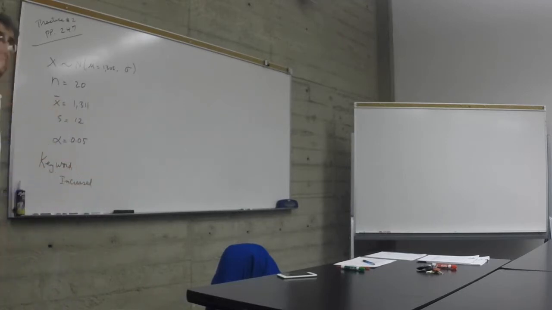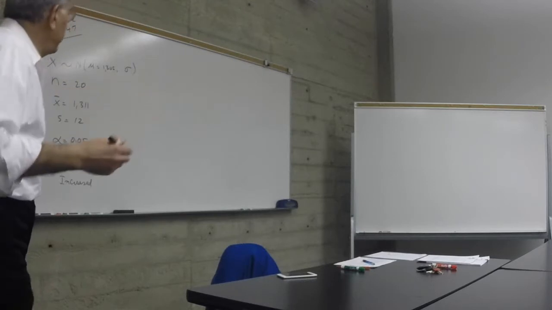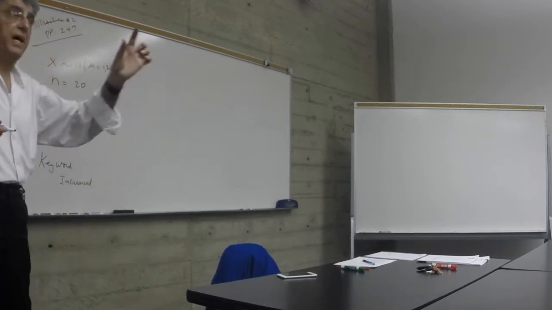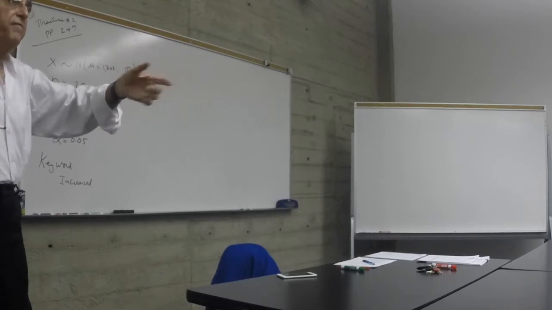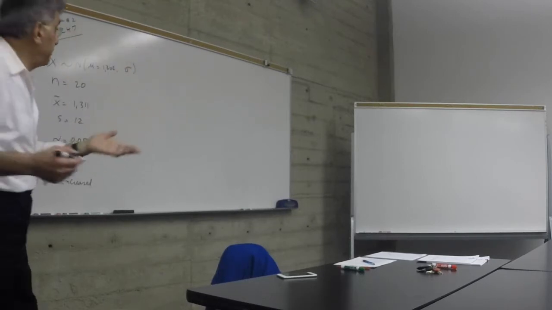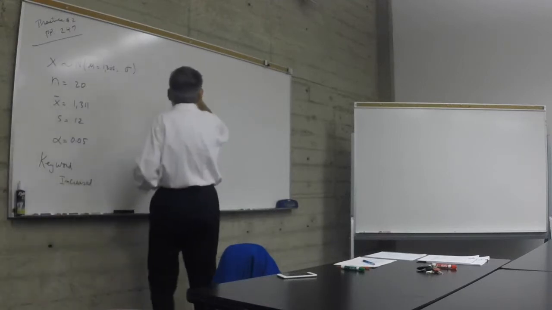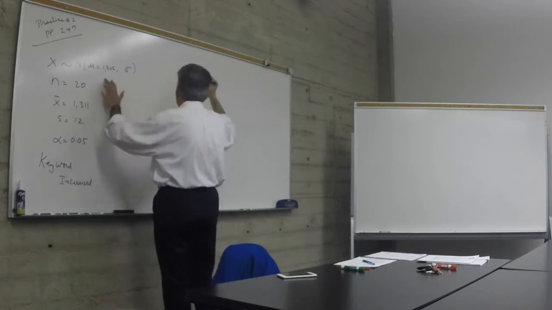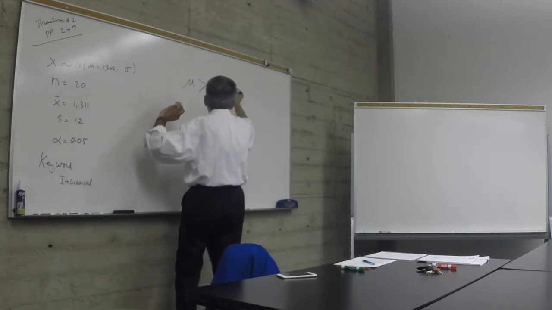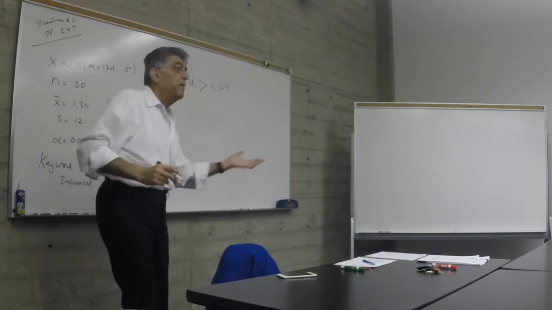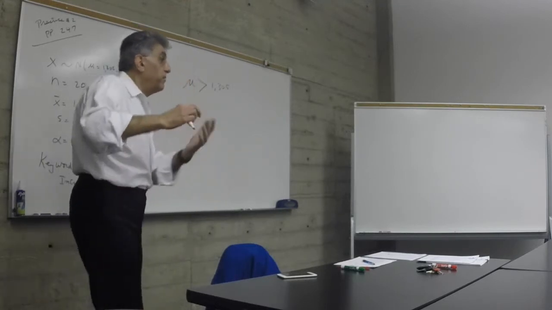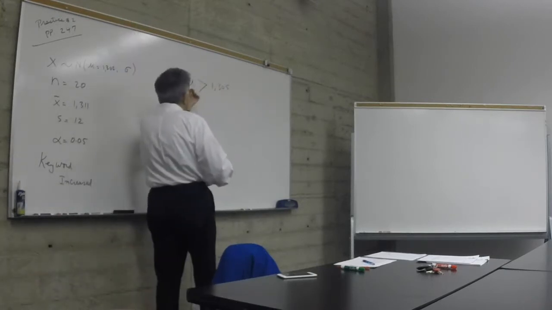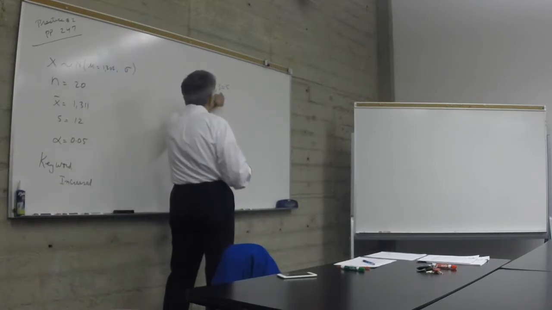So it's a very similar idea to exercise 2. We want to see whether the modification of the computer batteries has been increasing life expectancy. So we want to test the hypothesis that mu is greater than 13.05. This is the prior; 13.05 is the mean prior to the modification of the battery, and now we want to see whether with the modification the population mean has increased over 13.05.